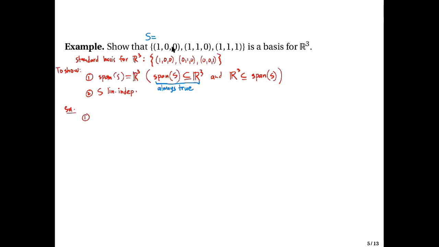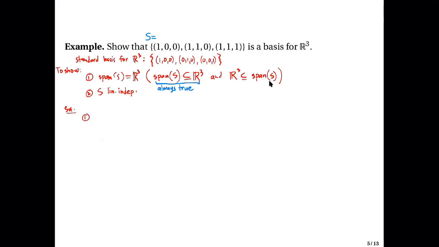Each element of the span of this must have three components, and therefore they are elements of R3. So this one is always true. So we are left to do this: R3 must be a subset of span S.